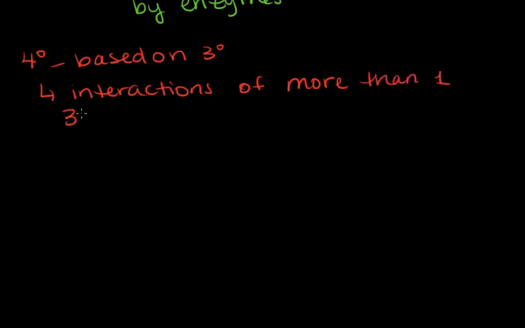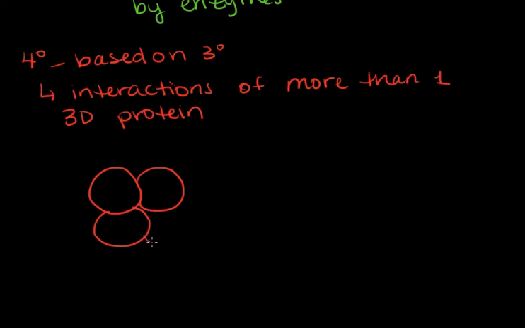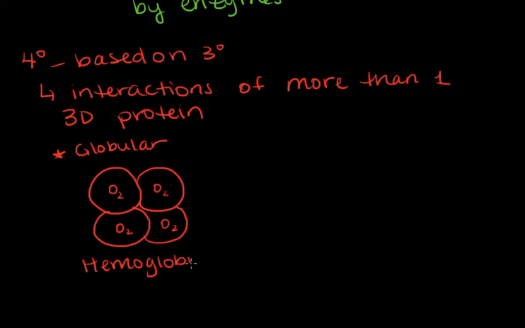So we see this in this protein called hemoglobin, which is globular. So these are our globular proteins. Hemoglobin is found in your blood, and it does its job of carrying oxygen, which is O2. So each subunit will bind oxygen. So this is what a globular quaternary structure would look like. Hemoglobin. Okay, and so each one of these circles here represents a protein chain.